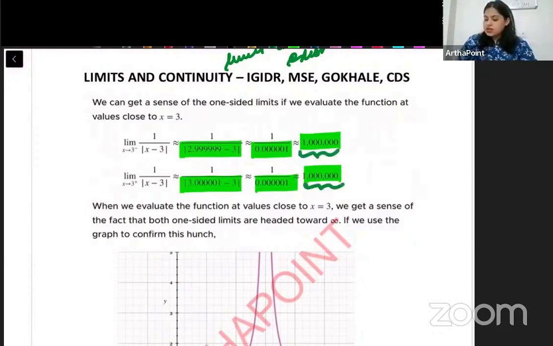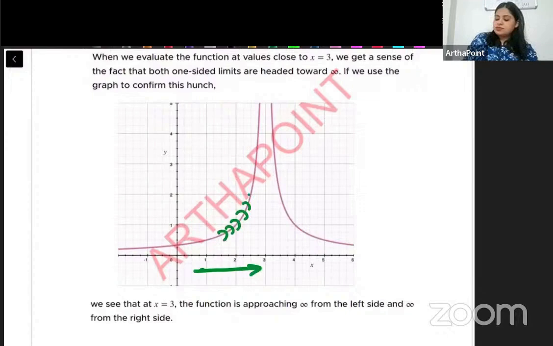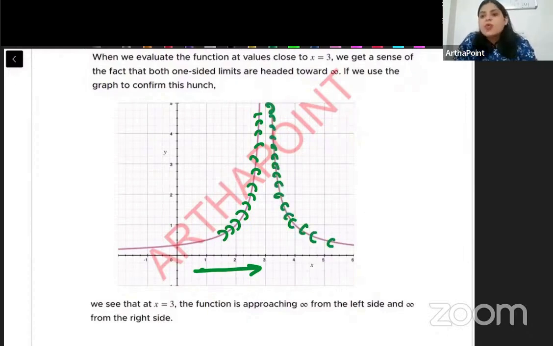So in this case, when I'm trying to approach 3 from the left-hand side, and when I'm trying to approach 3 from the right-hand side, both ways I am going towards the same value of plus infinity.